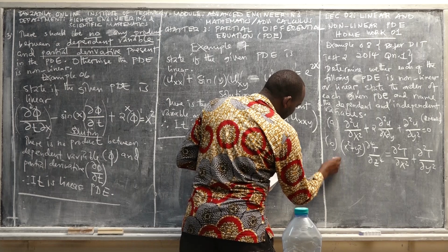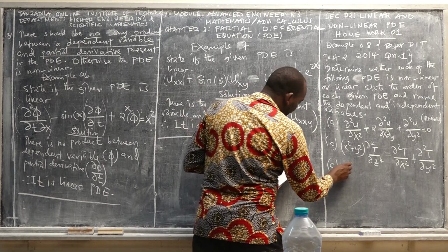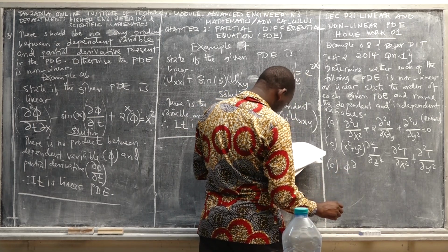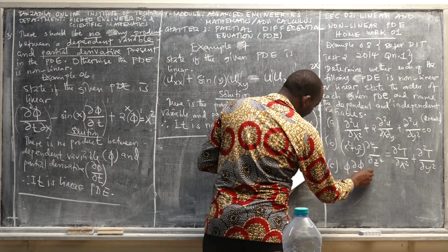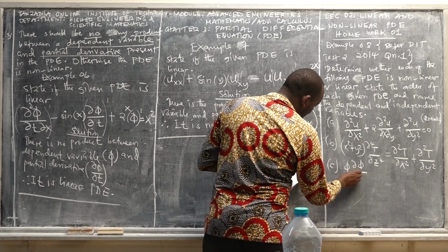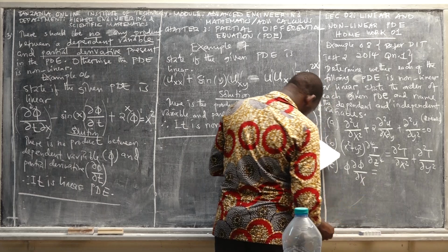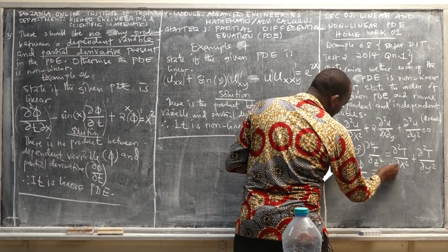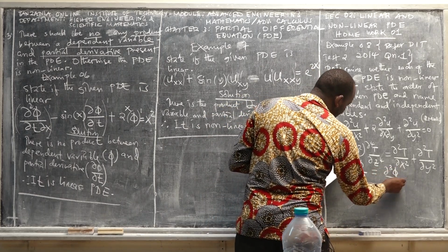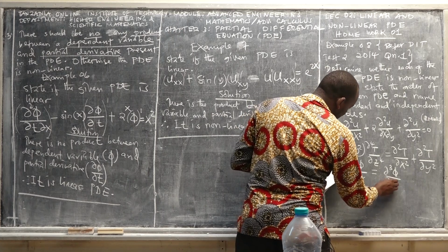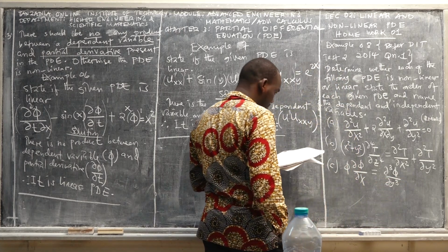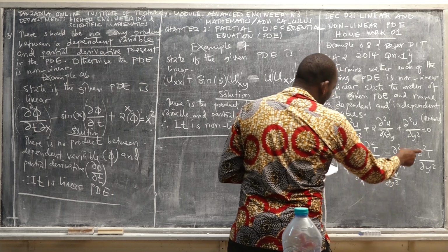Then (c) we have psi, first derivative of psi with respect to x is equal to the third derivative of psi with respect to y cubed. So 2 marks, 2 marks, 2 marks.